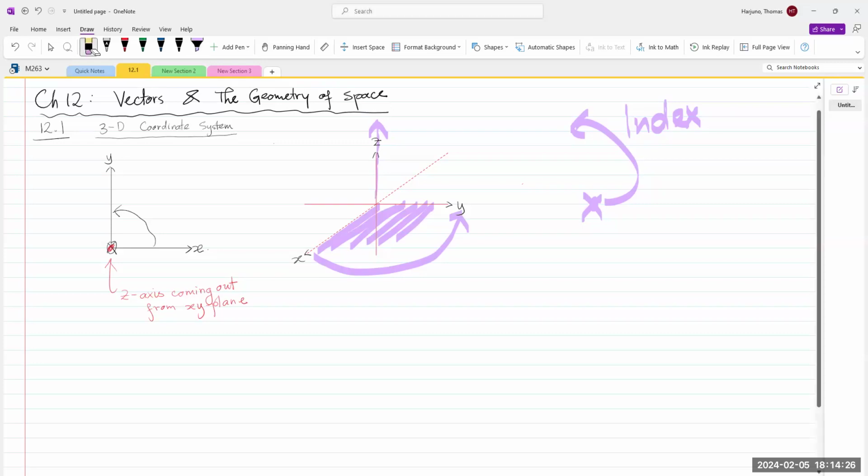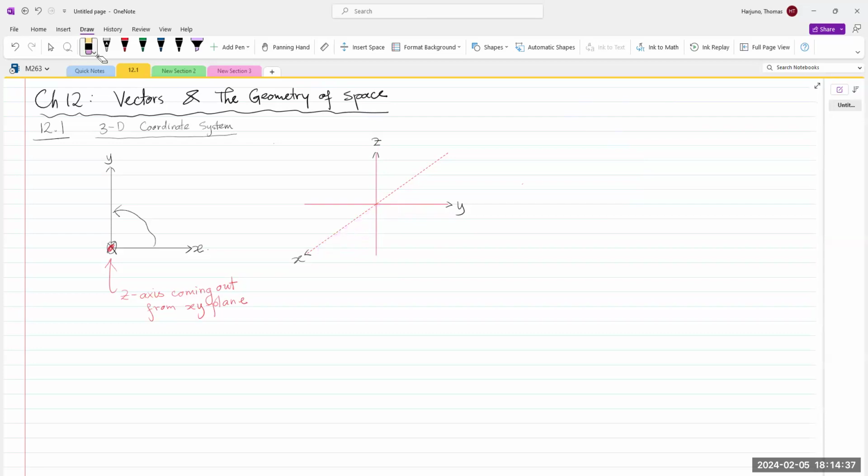Yeah, thank you. So that's the convention for the three-dimensional coordinate system. Let me take a screenshot from our textbook. Give me a second. Then this is what they say.